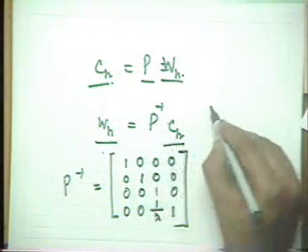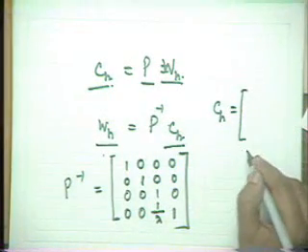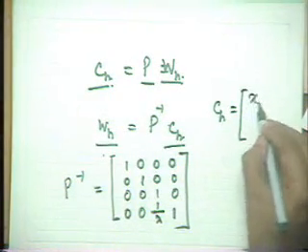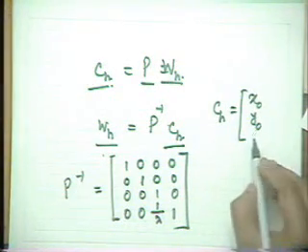CH is given to us. Let us say that we have got a point on the camera which is x0, y0 and 0.